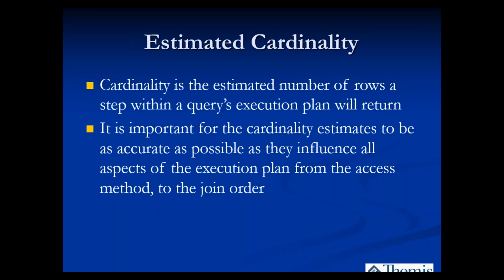What that'll show you in your explain plan output is not only the estimated cardinality, but the actual cardinality, the actual number, and you can compare the two. So if you see 5 for the estimated and the actual was 50,000, we've got a problem.